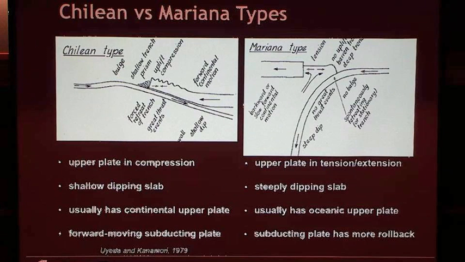In contrast, over at the Marianas, there's a back arc basin. The upper plate is in extension, so it's the exact opposite. There's a shallow dipping slab in some parts along South America. And over here in the Marianas, it's steeply dipping, so variation in the radius of curvature. And then we can either have an overriding plate which is continental in nature, or oceanic.